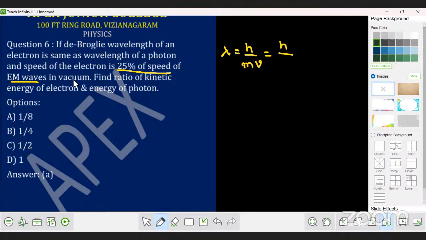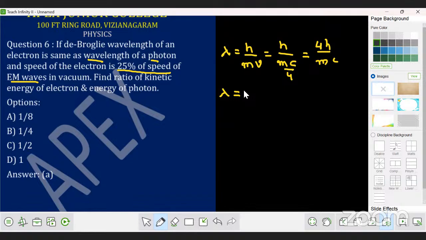Light speed లో ఎంత ఉందమ్మా? 25%. So V is nothing but 25% of C. That is nothing but C by 4. And totally it will be 4h by mc. And what else? That wavelength is same as the wavelength of photon. Wavelength of photon is generally where energy E equal to hc by lambda, na?